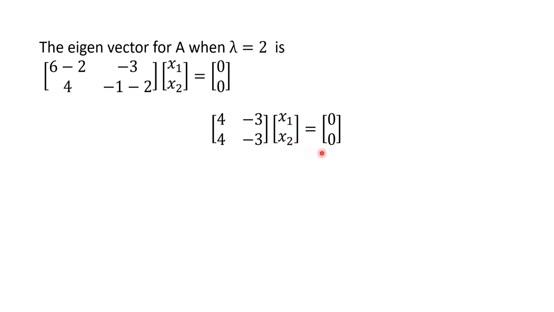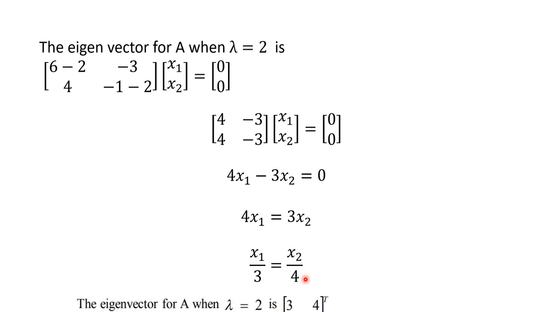So here also the first equation is 4x1 minus 3x2 equal to 0, and the second equation is also 4x1 minus 3x2 equal to 0. That is 4x1 equal to 3x2. Therefore, x1 by 3 is equal to x2 by 4. So the eigenvector for A when lambda equal to 2 is [3, 4] transpose, x1, x2 equal to 3, 4.